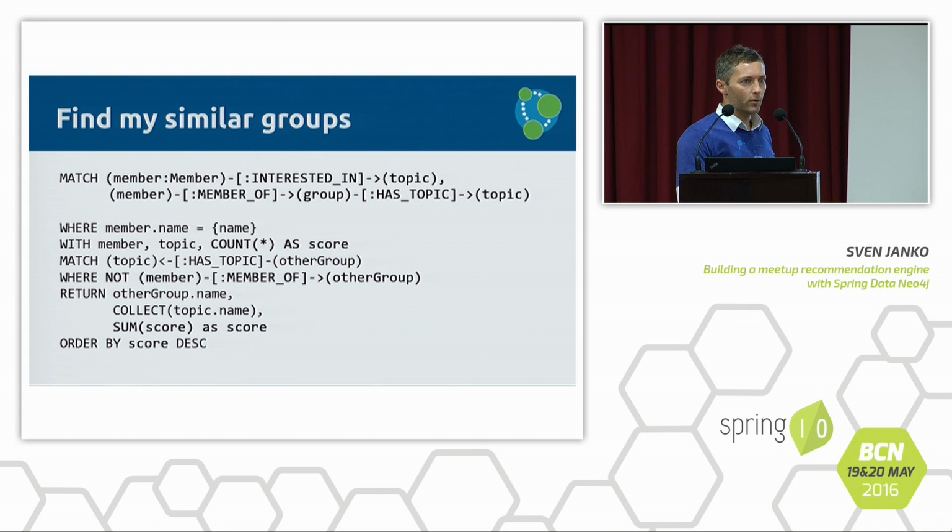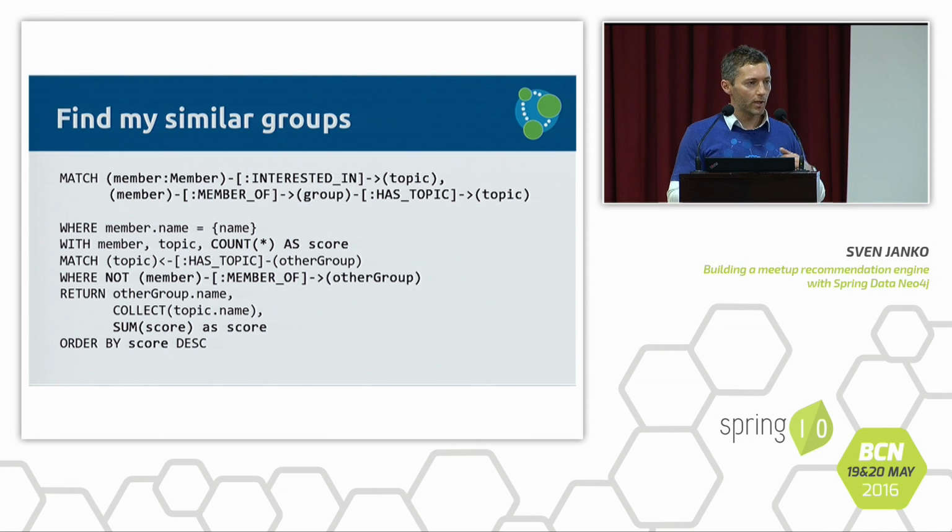And again, we are defining where is our entry point, which is done with the parameter here in that case. So we're saying where the member name is a specific name. You could also use an ID, of course, to specify which user you're looking for. And then we are piping through those results. That's what the WITH clause is doing.